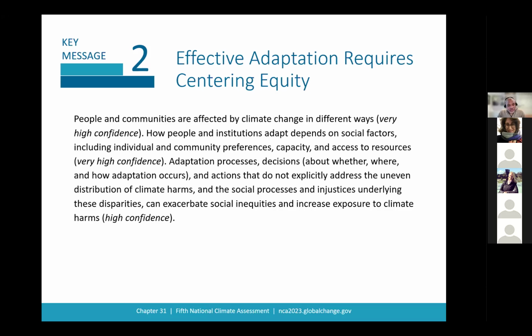And this differential exposure is often the result of longstanding historical injustices like housing discrimination and forced displacement, underinvestment and exclusion from social and economic services like mortgage lending.